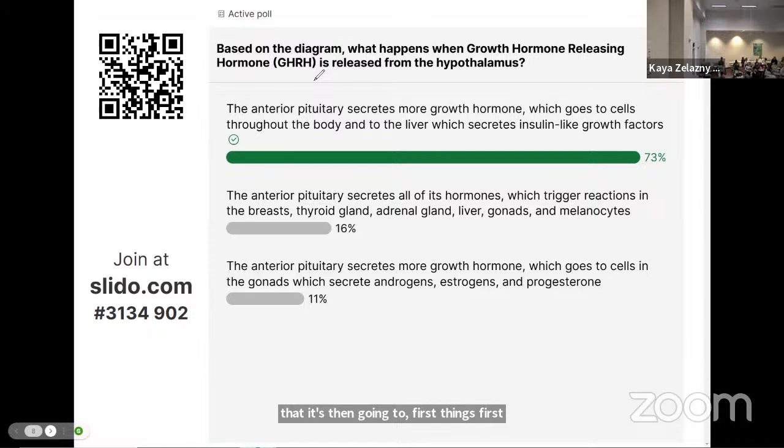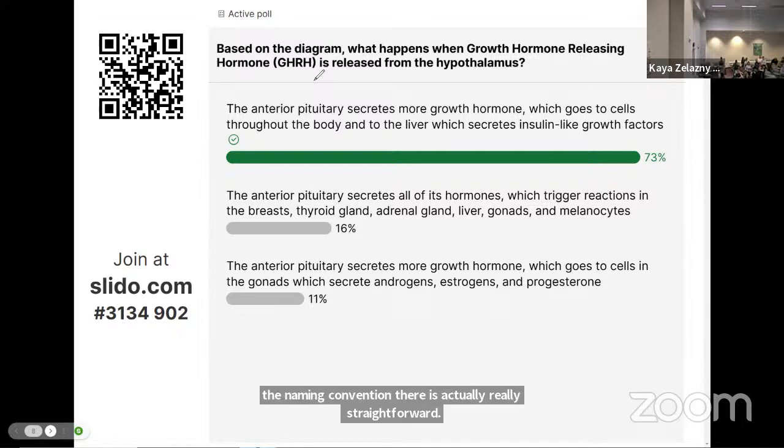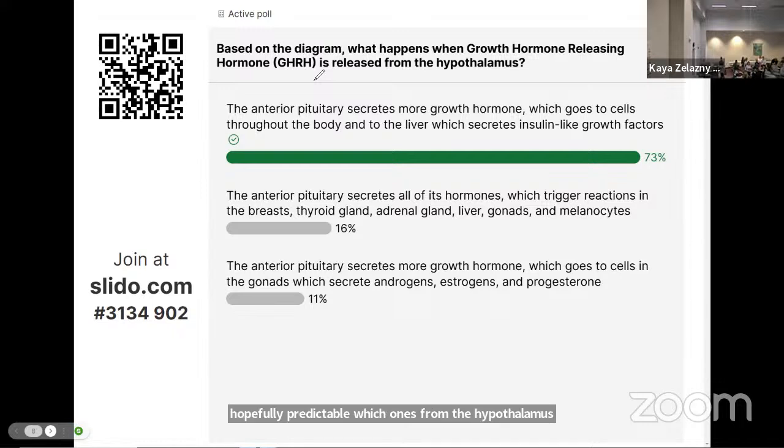When we get to the anterior pituitary, we're just going to be affecting the release of the specific anterior pituitary hormone related to that initial hypothalamic hormone. So growth hormone releasing hormone tells the anterior pituitary to release growth hormone specifically. That's why it's called that. The naming convention there is actually really straightforward, so hopefully it's predictable which one's from the hypothalamus and which one's from the anterior pituitary.